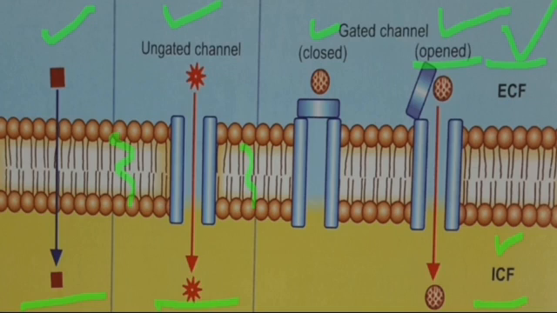The closed gated channel is always closed; when a substance which will enter the cell comes, it first binds with that channel, and after that it passes through this gate. Then here you can see the open gated channel, which is always open, and any substance can pass easily through this channel.